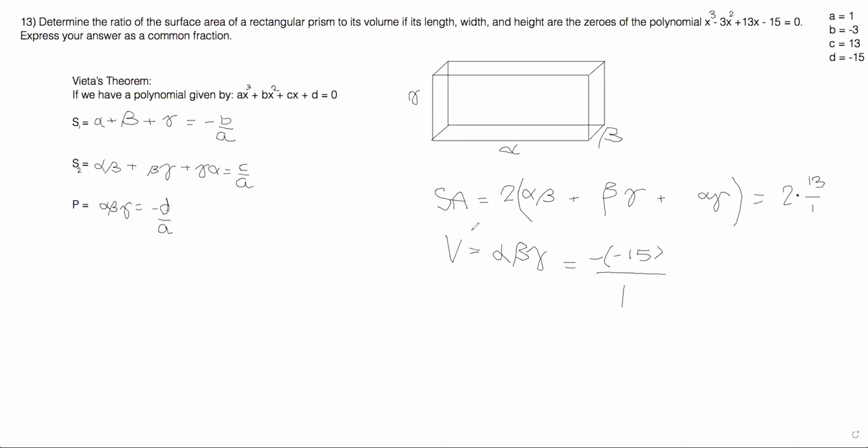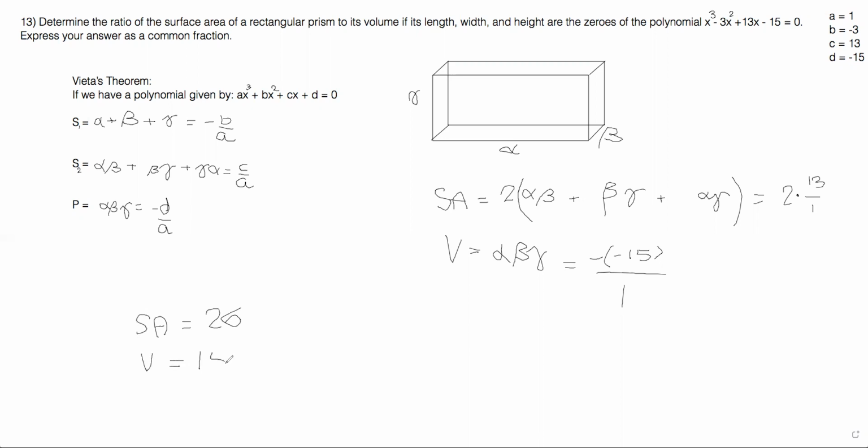If we simplify things, our surface area is 2 times 13 over 1, which simplifies to just 26. So our surface area is equal to 26. And the volume is just 15.